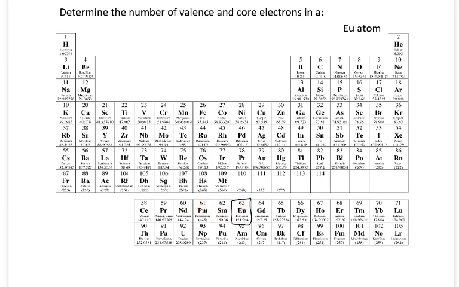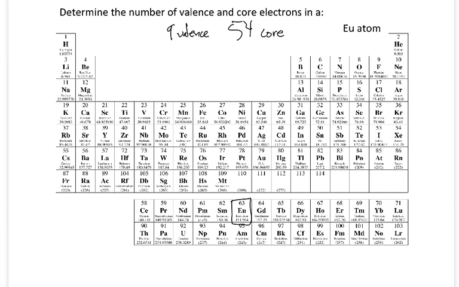So europium has 9 valence electrons. If europium has 63 total electrons, then it must have 54 core electrons.